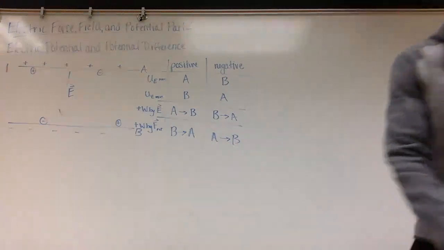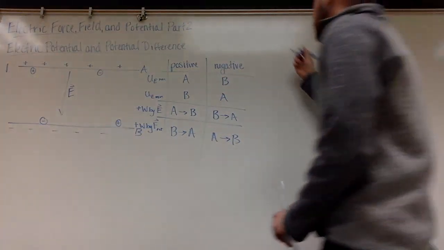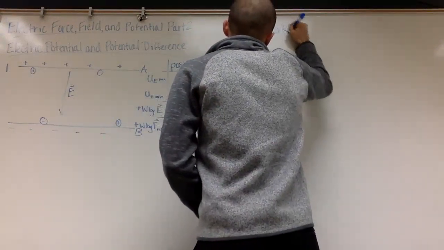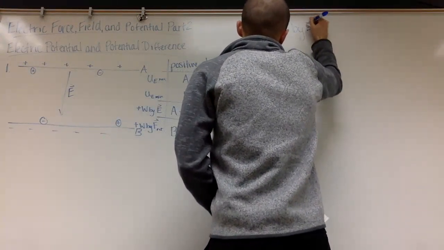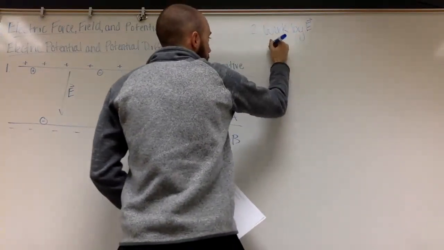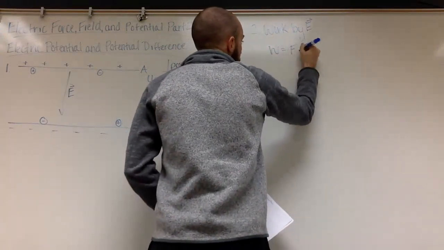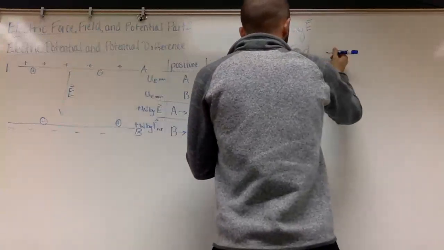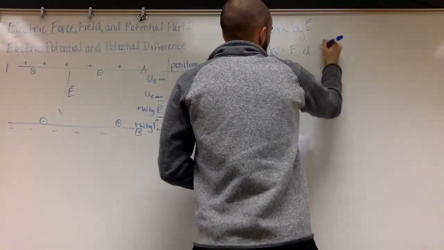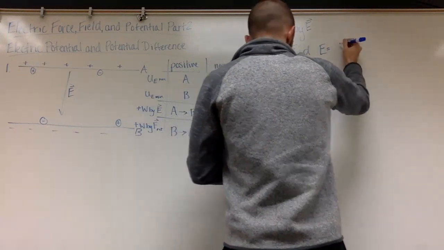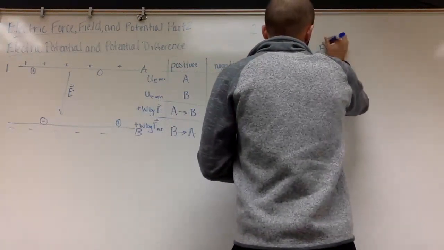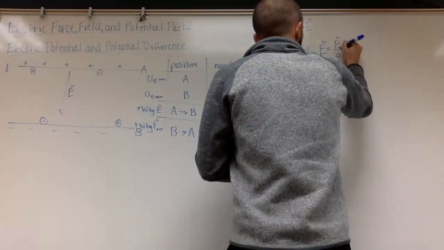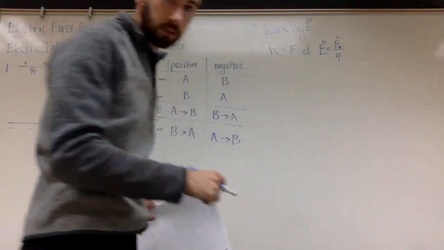While we're on the topic of work, how do we find out work done by an electric field? So this is work by an electric field. We should remember that work is force times distance. And if we're working backwards from electric field, we know that electric field is equal to electric force over the charge. I'll make a little e there to let you know it's electric force.